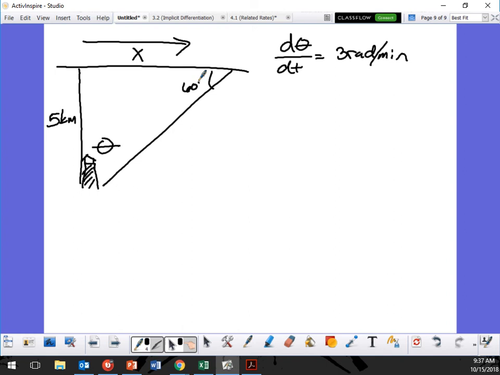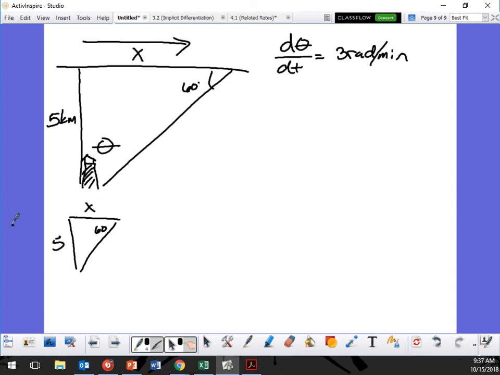All right. What can I find? Can I find x? Yeah, because you have one of the angles, right? Yeah, we do. So if I only think about it in terms of a right triangle, that's 60, that's 5, that's x.